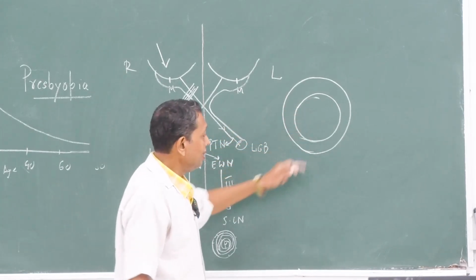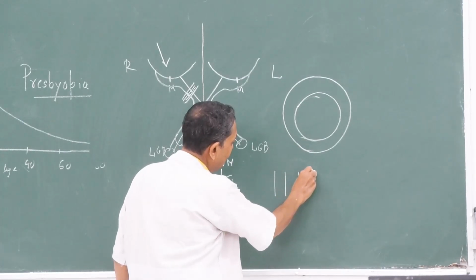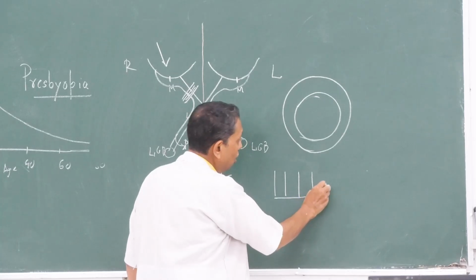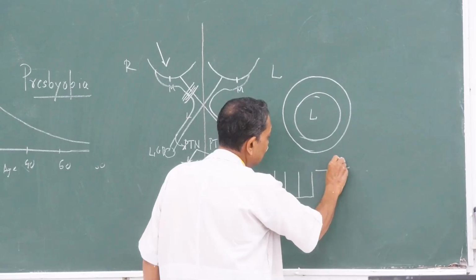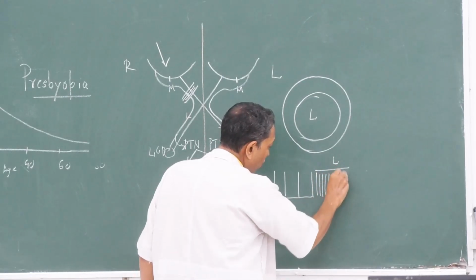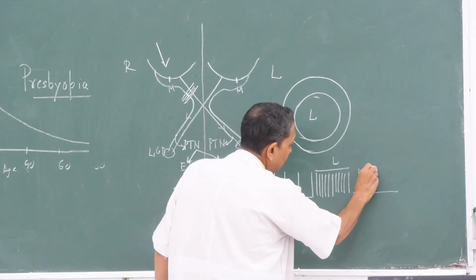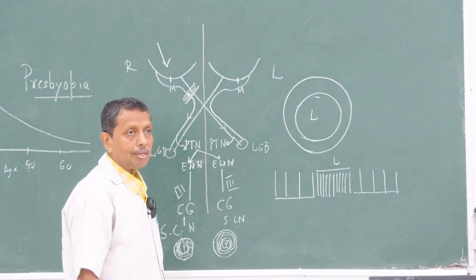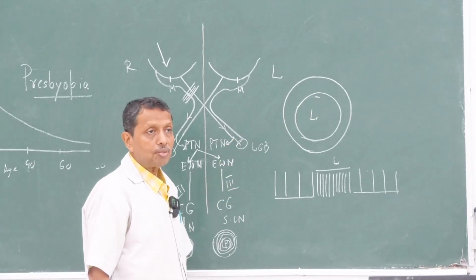In the ganglionic cell layer, in darkness there is baseline action potential; when light is thrown on the center, there is an increase in action potential generation, and there is surrounding inhibition.